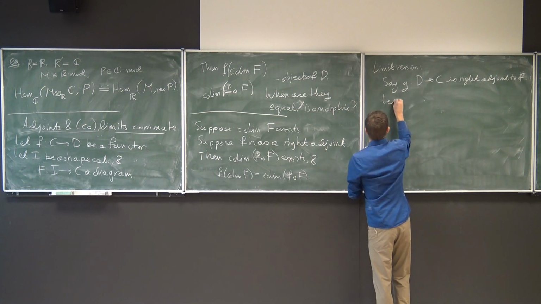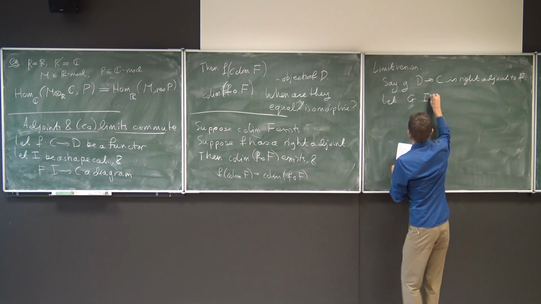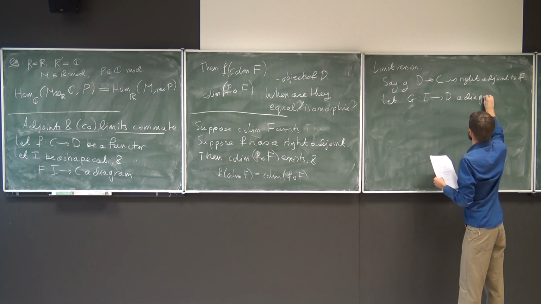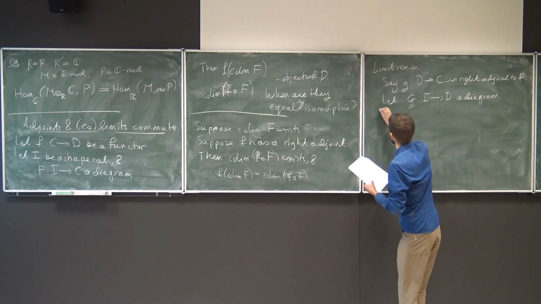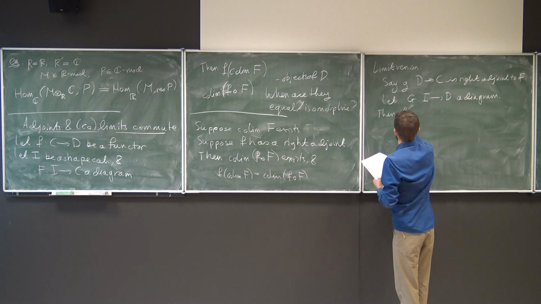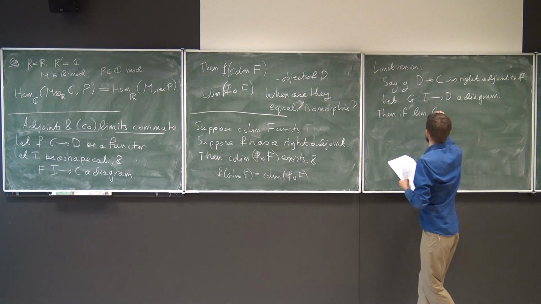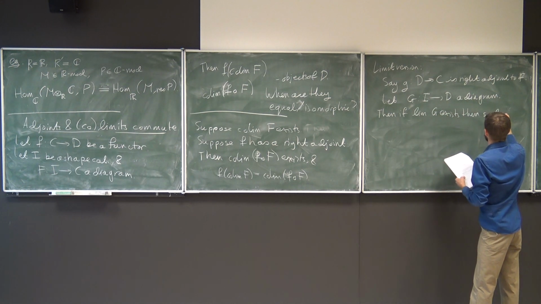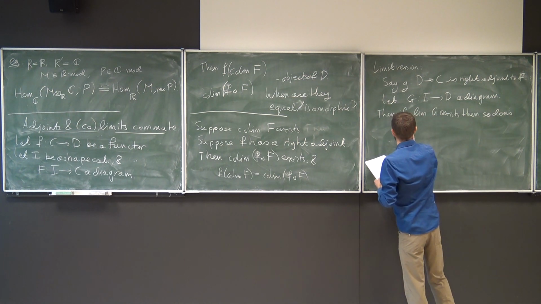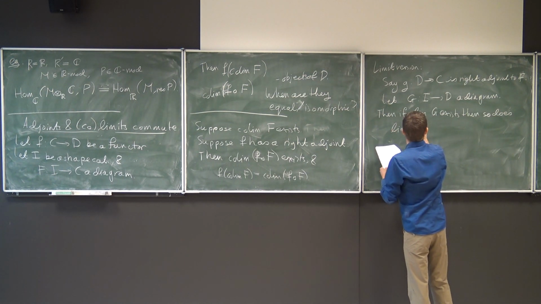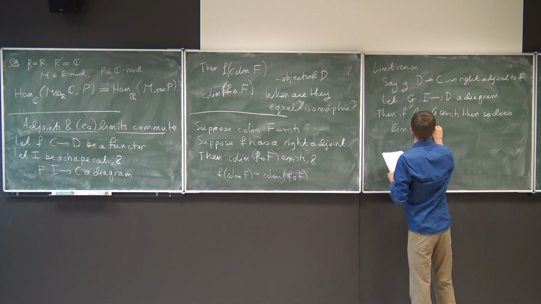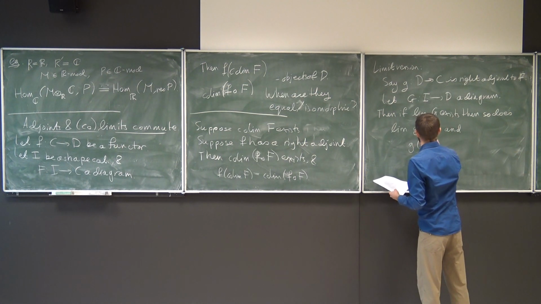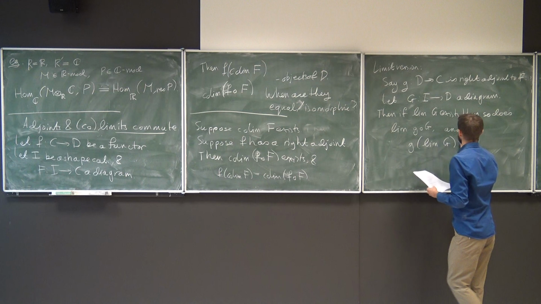And let capital G from I to D be a diagram of shape I. Then, if the limit of G exists, then so does the limit of little g composed with big G, and again, the corresponding things are equal. So G of the limit of big G is equal to the limit of G composed with big G.